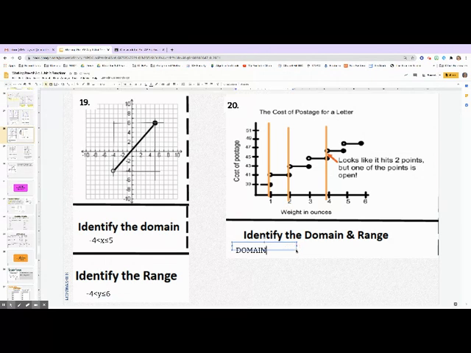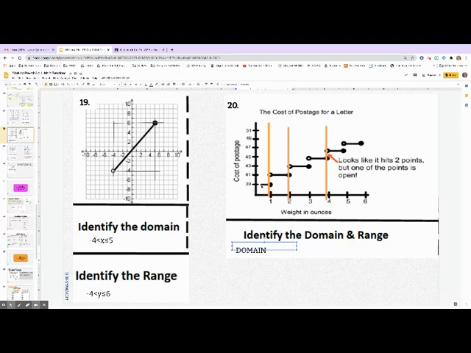So domain is going to be our x's. I wonder why that's not all the way to that point. It doesn't have a stopping point. It just kind of goes right there. So let's see how far left it goes. Maybe this was actually supposed to be connected. I'm not sure. We're going to say that it goes from 0 to 6.